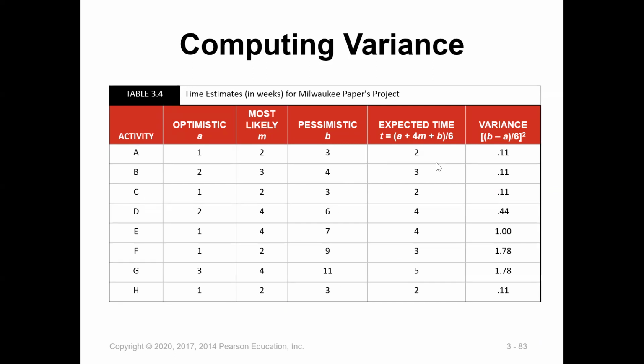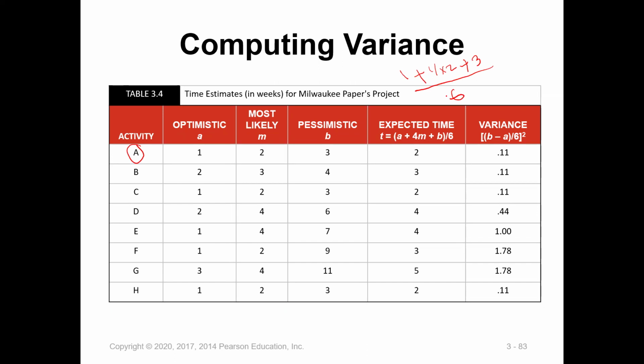So now we can calculate the expected time, which is A plus 4M plus B. So for example, I will calculate one of them. For activity A, we have 1 plus 4 times 2 plus 3. I divide everything by 6.